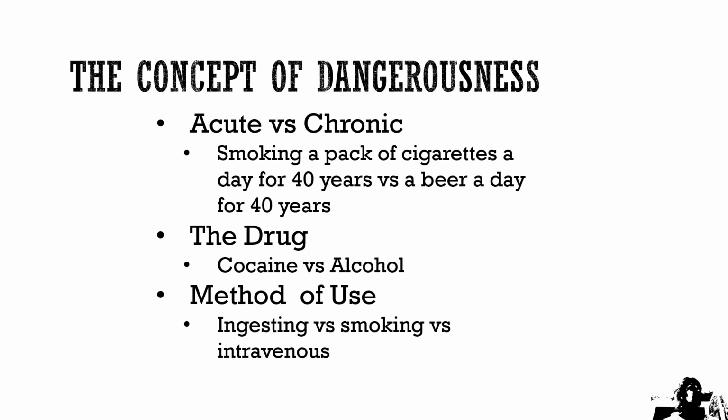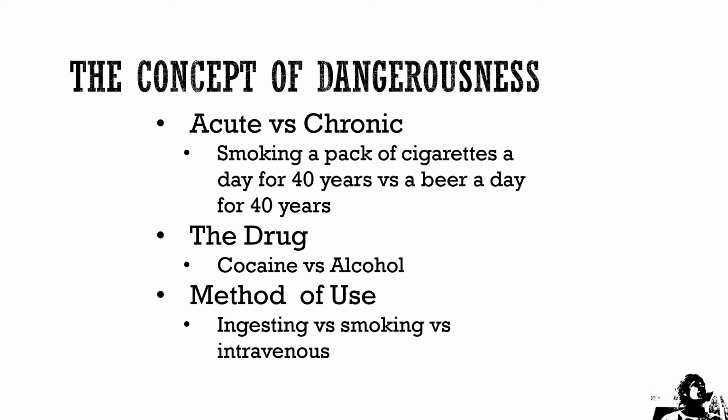So as I was mentioning earlier, when we were going through the drug schedule, there's a concept of dangerousness involved, right? Part of that level of dangerousness is whether or not the drug has a high probability of dependence. But there are other things that can make a drug dangerous.